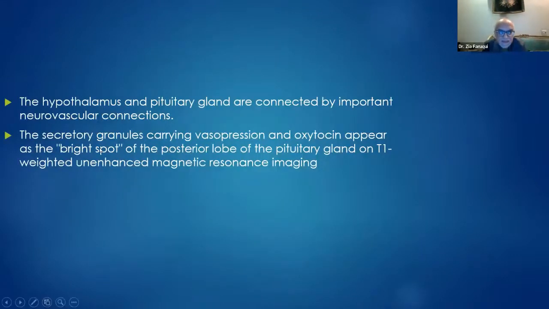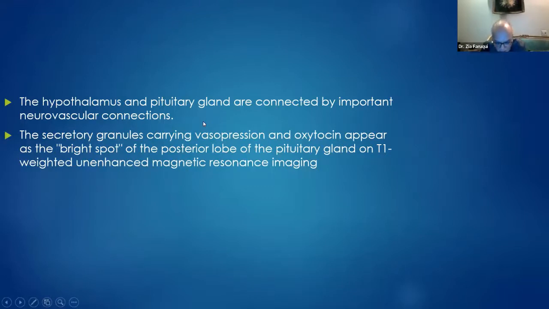So the hypothalamus, as we said, is the prime minister of this whole area. It produces a number of regulatory hormones, and it produces 2 hormones itself, and importantly, it produces dopamine and somatostatin. The hypothalamus is connected to the anterior pituitary through a number of small portal veins which run along the infundibular stalk, and it's connected directly to the posterior pituitary through the infundibular stalk.